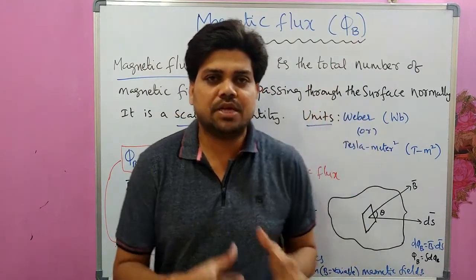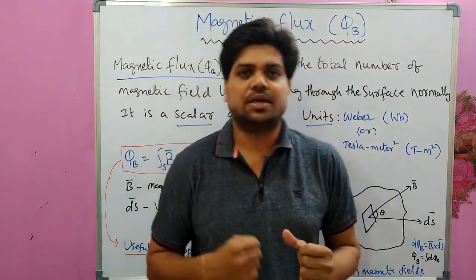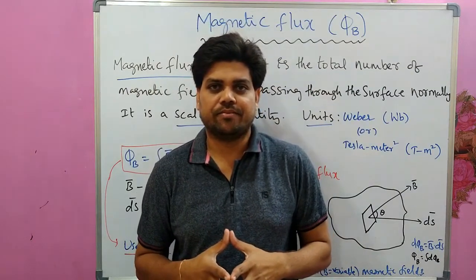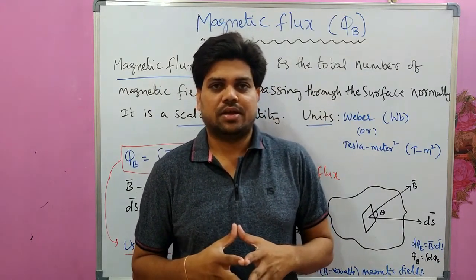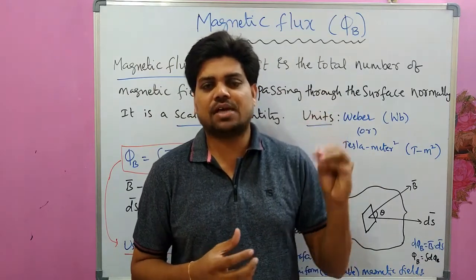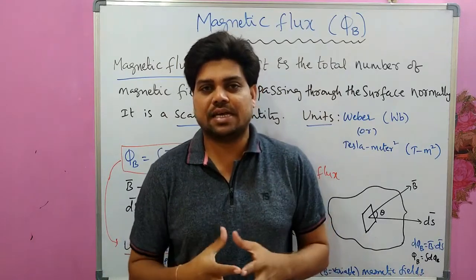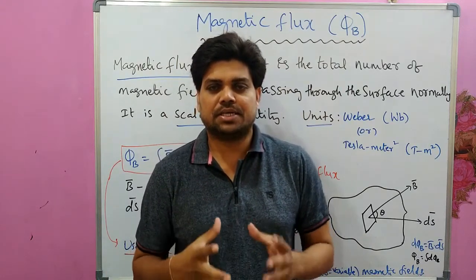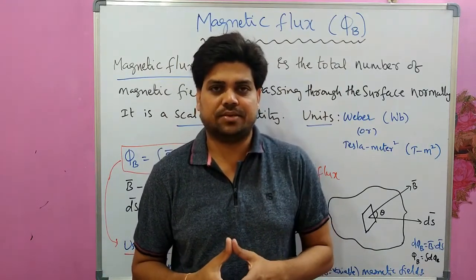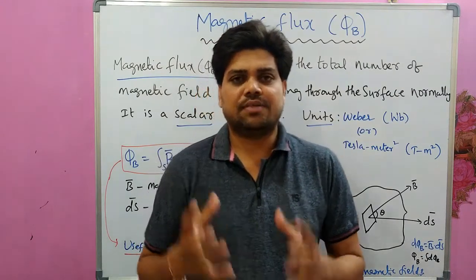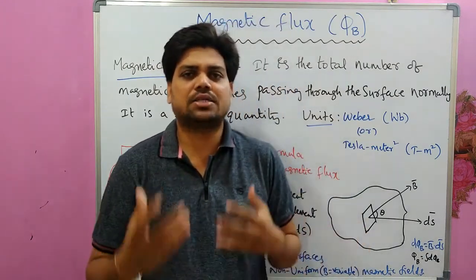Right? So in the previous video lecture, we have discussed about magnetic field lines. So magnetic flux is defined using magnetic field lines. But we need a surface. Surface can be two-dimensional or three-dimensional.